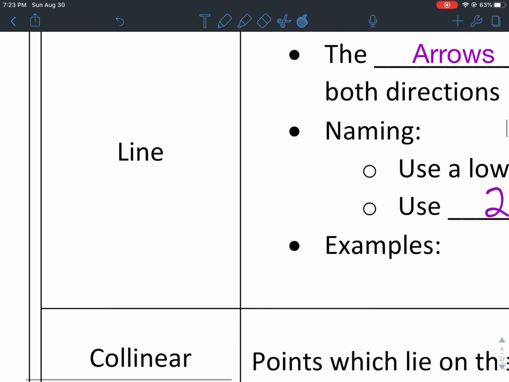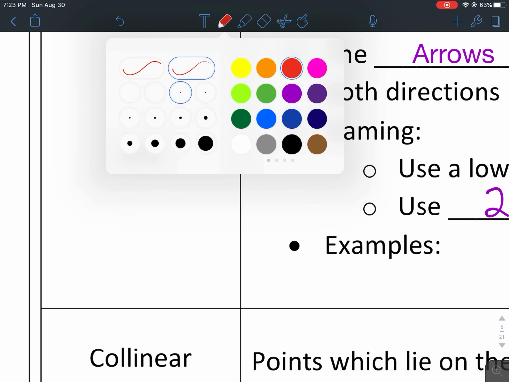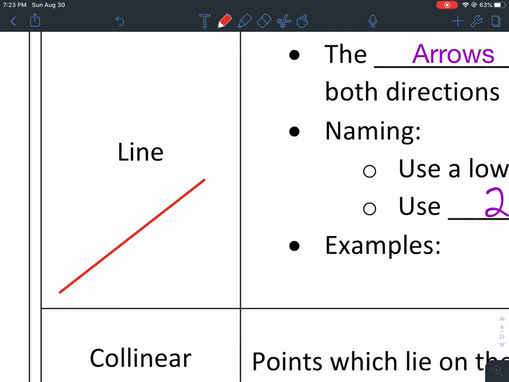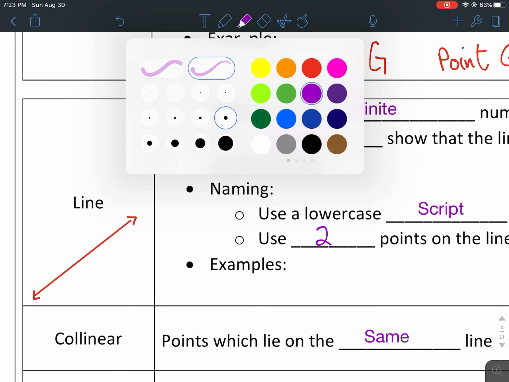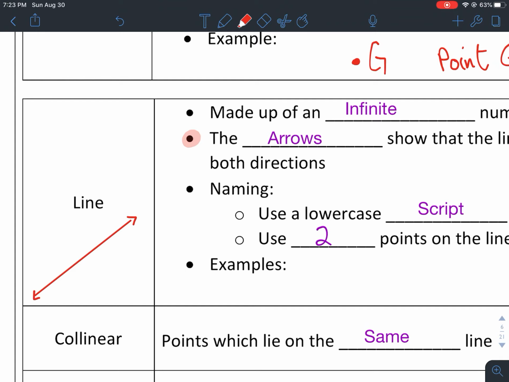So let me first draw a line over here. An image of a line is a line followed by the 2 arrows at the end. And again, those symbolize that the line goes forever in both directions.